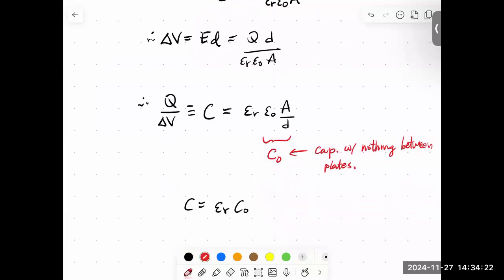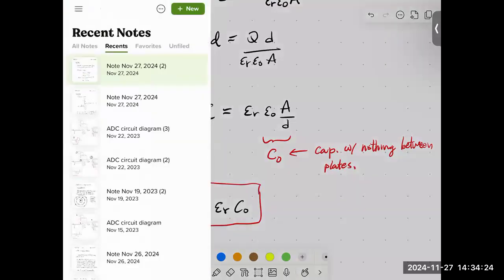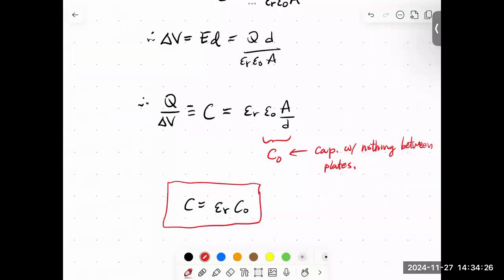And presumably this is something that you've seen before at some point. When you stick a dielectric between the plates of your capacitor, you enhance the capacitance. So you're able to store more charge for a fixed voltage.